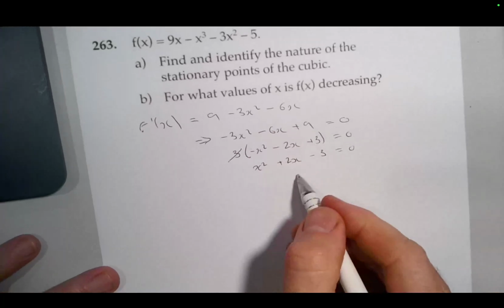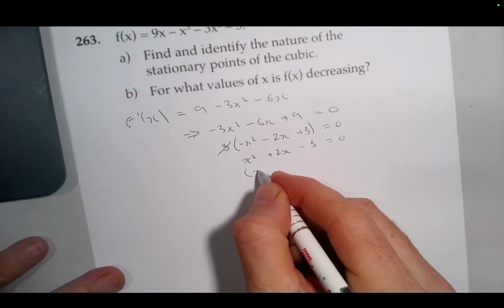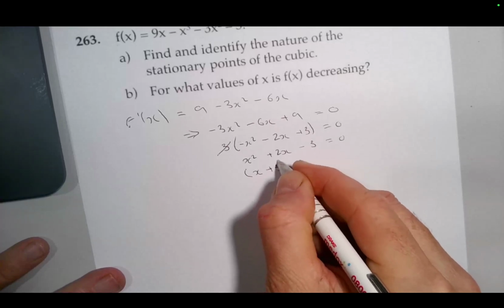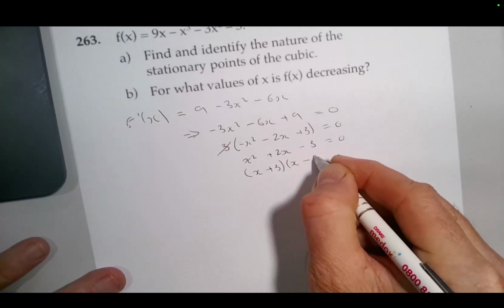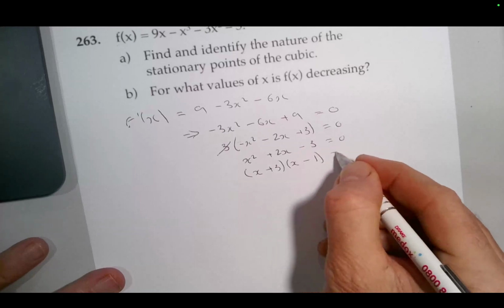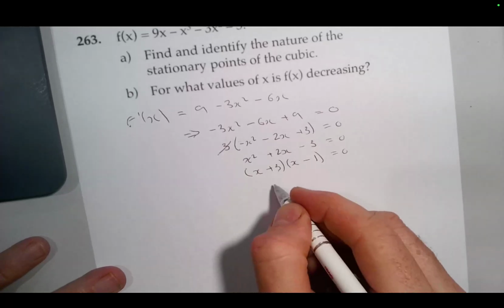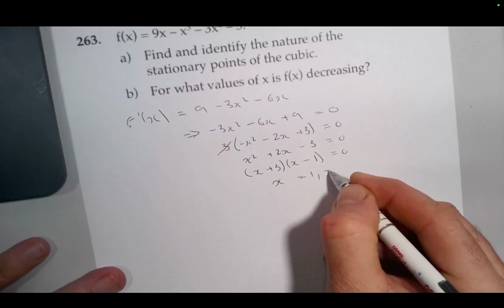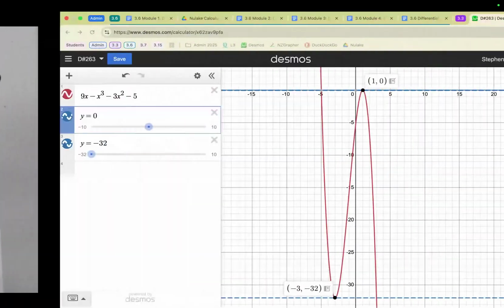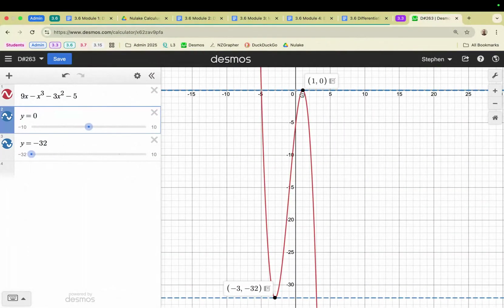I think you'll agree that this is quite easy to factorize. We've got x plus 3 and x minus 1. Confirm that. Yep, that does work. And so the solutions are 1 and minus 3. Let's just confirm that: at x equals 1 and at x equals minus 3.